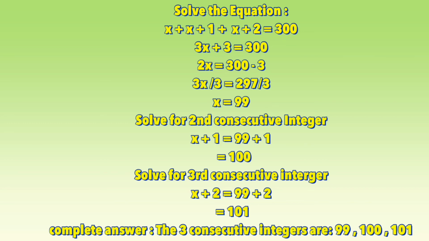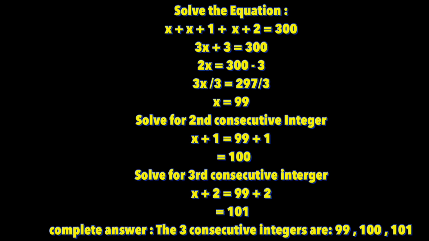To solve the equation, we have x plus x plus 1 plus x plus 2 equals 300. So we're going to combine like terms. So x plus x plus x equals 3x, 1 plus 2 equals plus 3 equals 300.